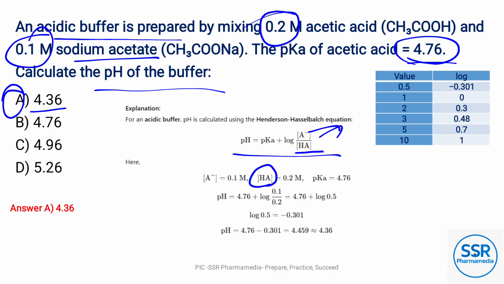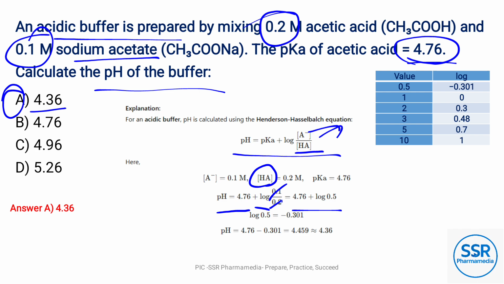If you substitute these values in this formula, pH is equal to pKa plus log 0.1 divided by 0.2. Simplifying, we get log 0.5.